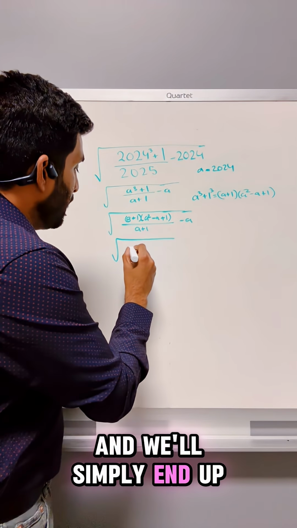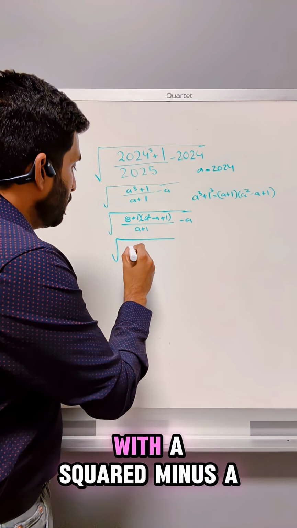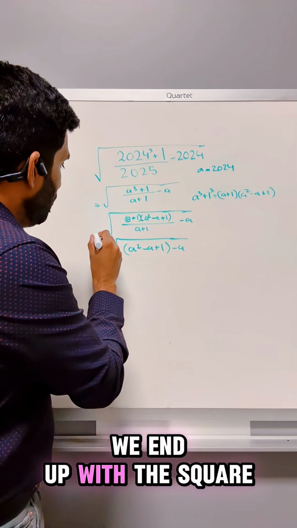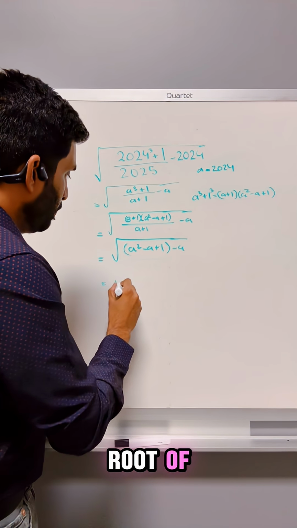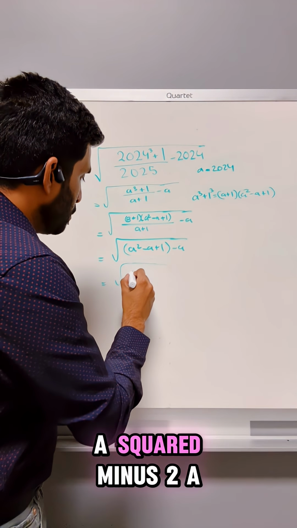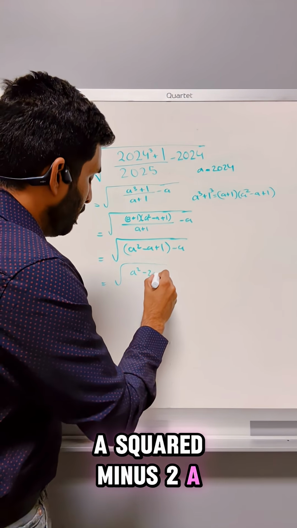And we'll simply end up with A squared minus A plus 1 minus A. And when we collect the like terms, we end up with the square root of A squared minus 2A plus 1. What's special about this expression? You guessed it, it's a perfect square.